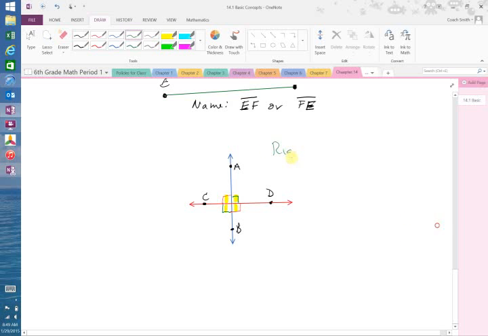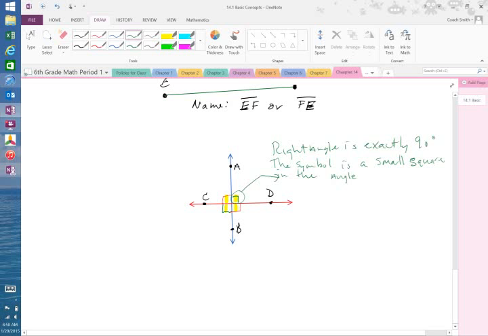A right angle is exactly 90 degrees. The symbol is a small square in the angle. Okay, that right there is the small square in the angle.